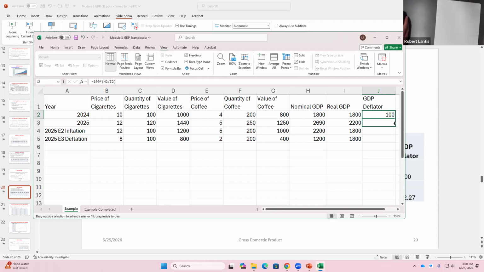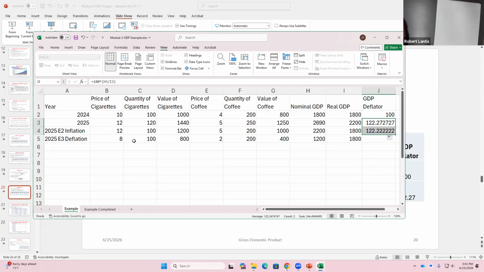So if I'm looking at the difference between nominal and real GDP, the nominal GDP should be higher, which means my GDP deflator should be greater than 100, the same value we found in the slides. Here, if output has remained the same, but prices went up from 10 to 12 and 5 to 12, we should still get a GDP deflator that is greater than 100.